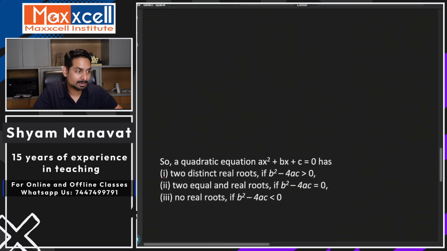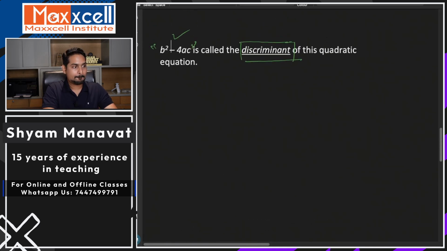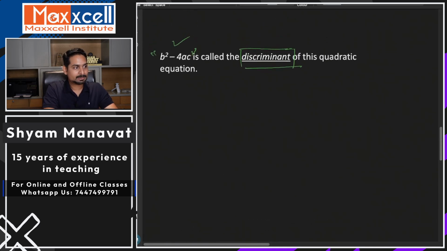What is the use of this discriminant? Understand this discriminant, which is b square minus 4ac. When you try to find the roots, you use minus b plus minus square root of the discriminant, divided by 2a.